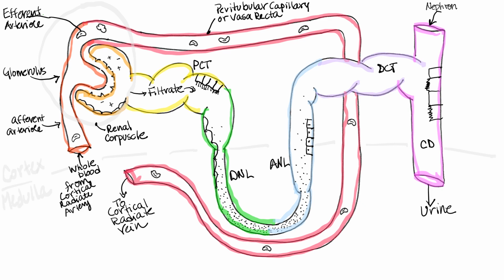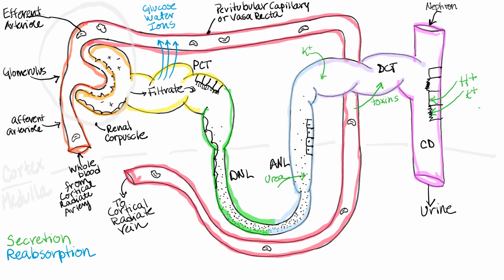Things are constantly moving out of the nephron, and things are constantly moving into the nephron. The things that move from the capillary into the nephron are things that you will secrete in your urine. And so that process of moving something from the capillary to the nephron is called secretion. That's the process of saying, I don't want this, get rid of it.